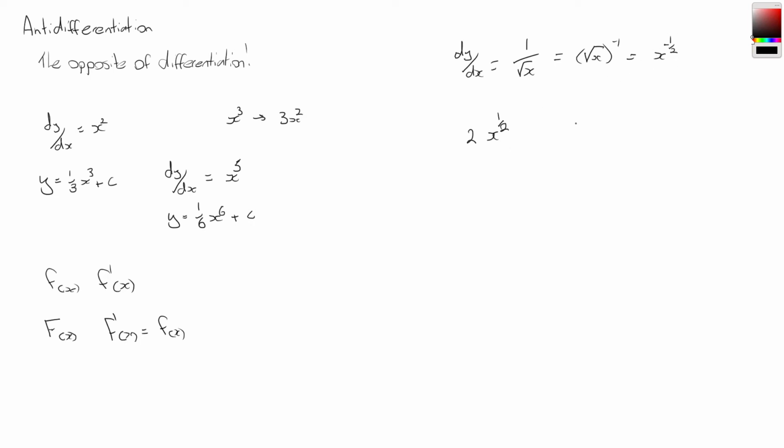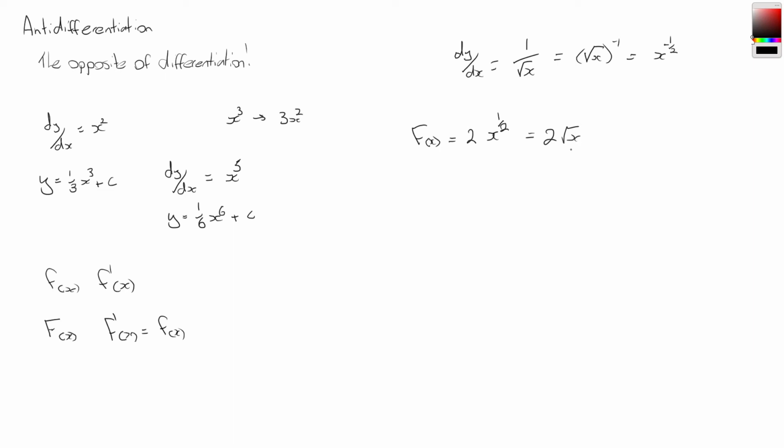We take the inverse of the power and stick it out the front. So see here, 6, inverse of 6, 1 on 6, 3, inverse of 1 on 3, inverse of 1 on 2 is 2 on 1, so it becomes 2. So this is our antidifferentiation of this.